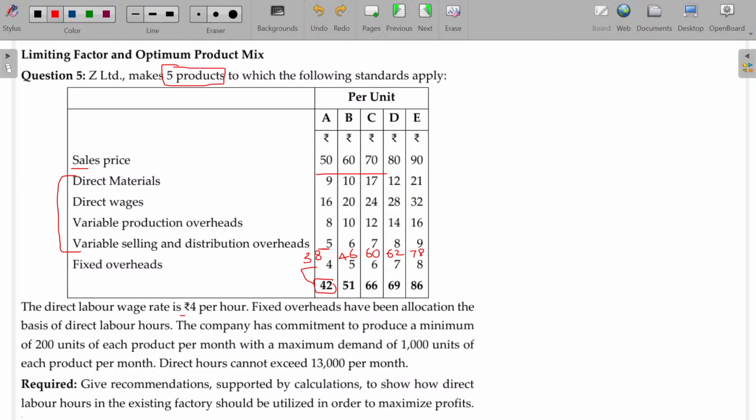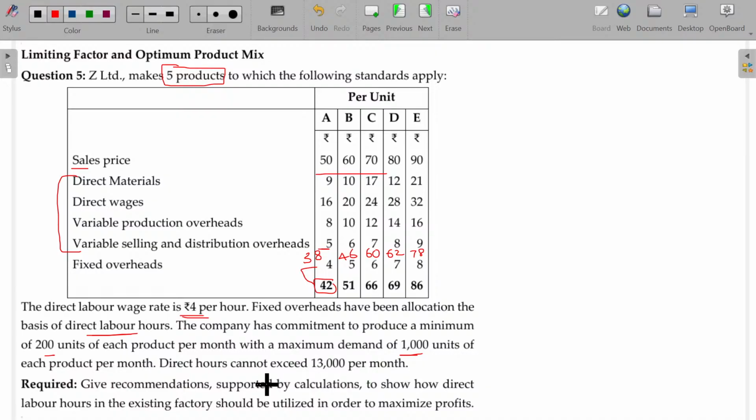Direct labor wage rate is 4 per hour. Fixed overheads have been allocated on the basis of direct labor hours. Based on the direct labor hour, it is allocated. Company has commitment to produce minimum 200 units of each product per month, with a maximum demand of 1,000 units of each product per month. So there is a minimum and maximum demand also in the market.